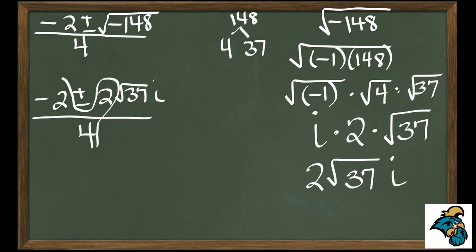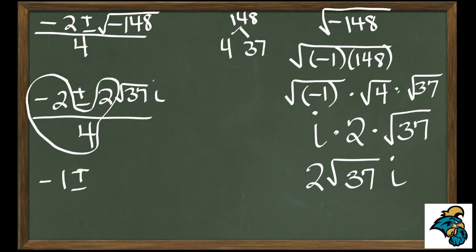Now, this is the correct answer, but we haven't simplified as far as we can. If you recall, we have to look at these values right here and see if they have anything in common. We never consider what's under the radical. We only look at the whole numbers. All of those are divisible by 2, so I'm going to divide each of them by 2 to simplify it.